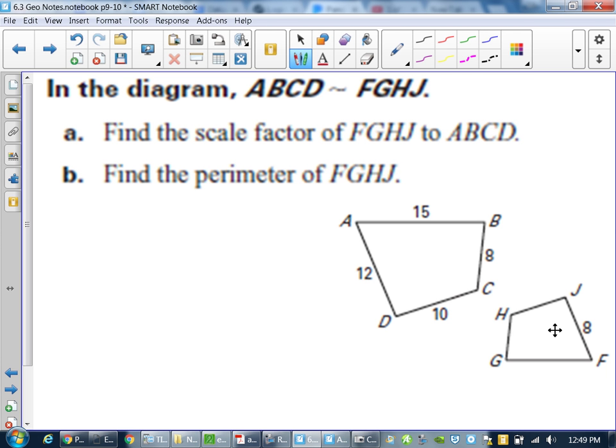Those 2 are similar to one another. All the corresponding angles would be the same, and all the sides are proportional. So, just like we've done in the past, what you want to do to start with is list the sides. Write out the 4 fractions that you could create and fill in the blanks. That's what a similarity statement allows you to do. It allows you to take some information given to you here and translate that into something that is workable.